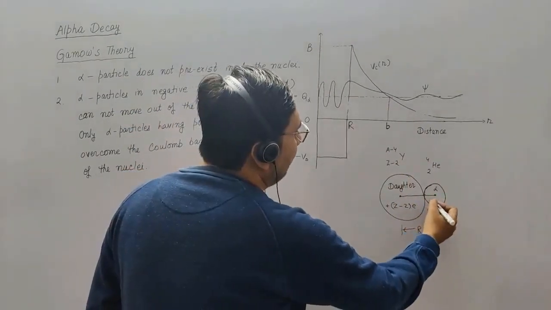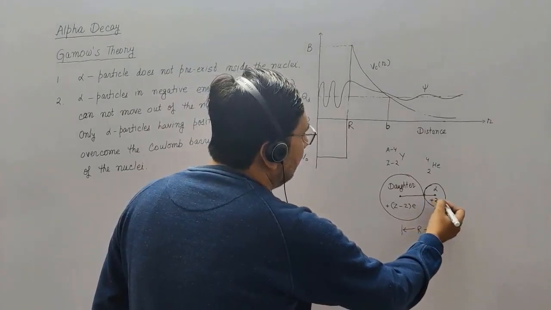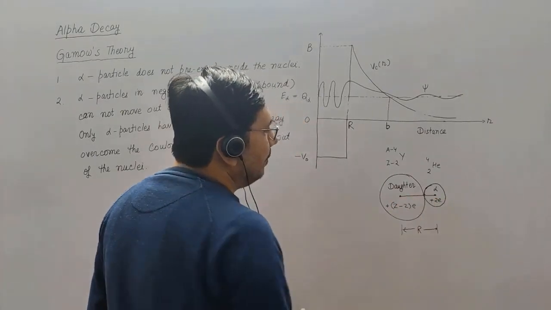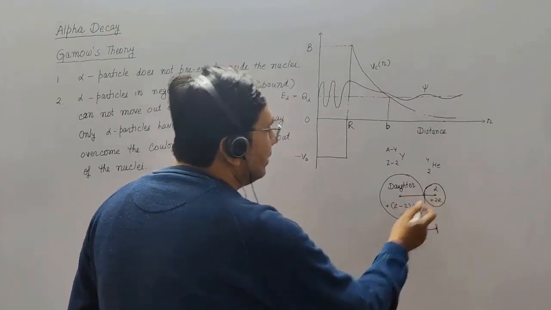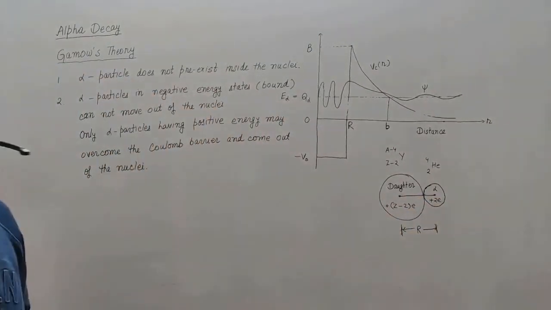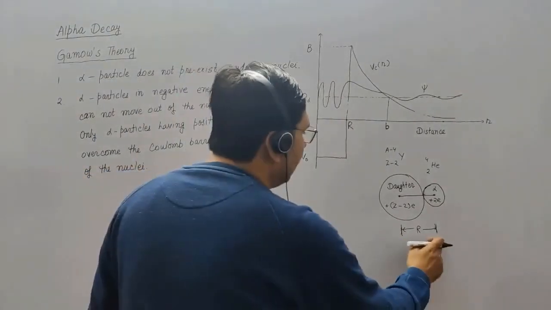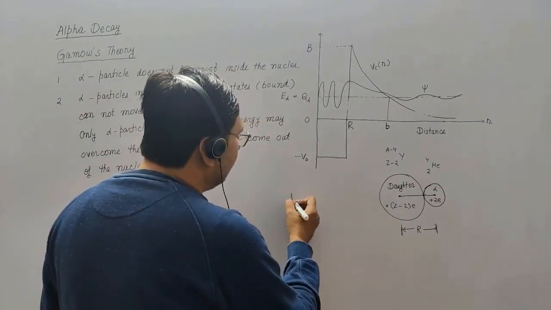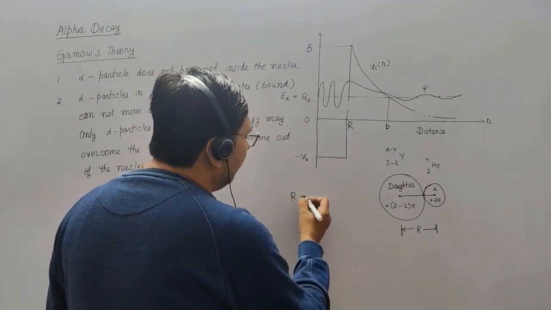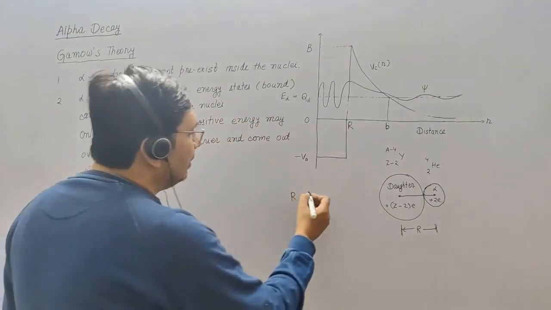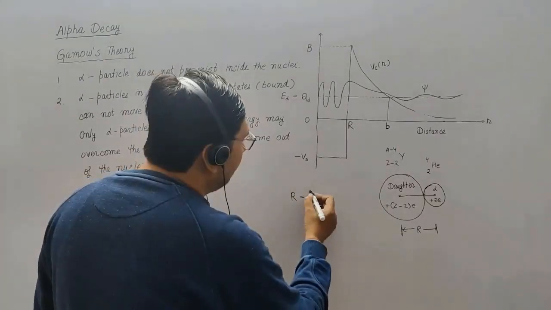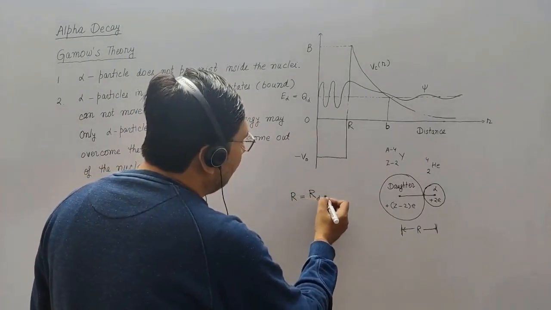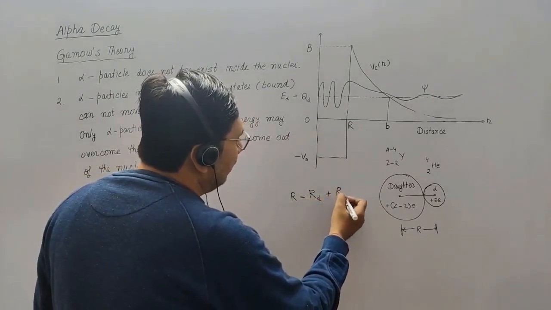What will be the charge on this alpha particle? Plus 2E. And when they are just going to separate, what will be the radius? This center to center separation will be the radius between them. What is the value of this R? How can you calculate the radius? Here you can use the formula for radius. R will be equal to radius of deuteron nuclei plus radius of the alpha particle.